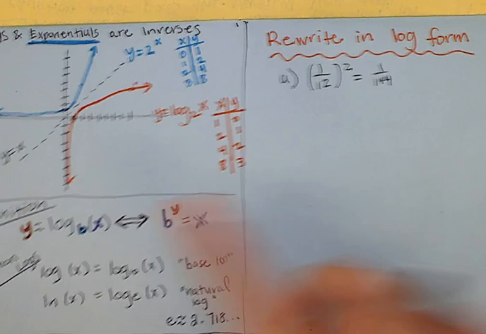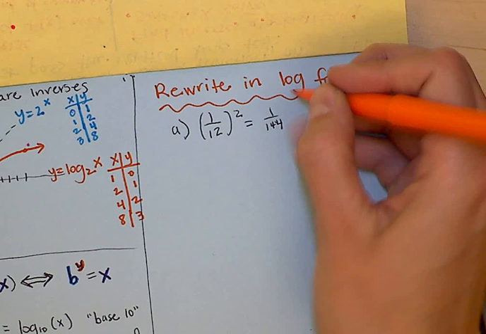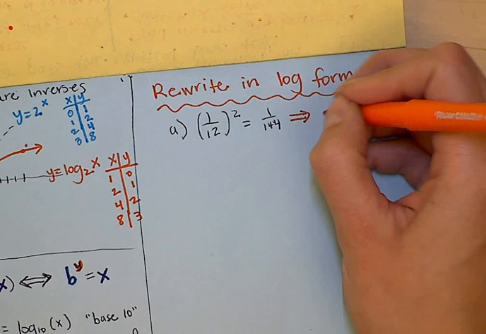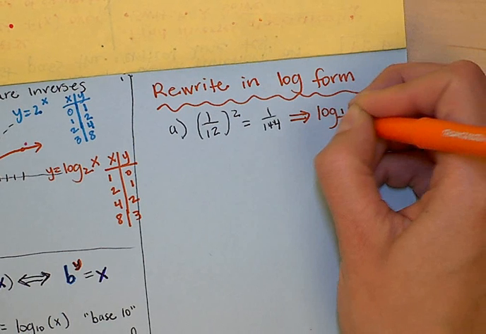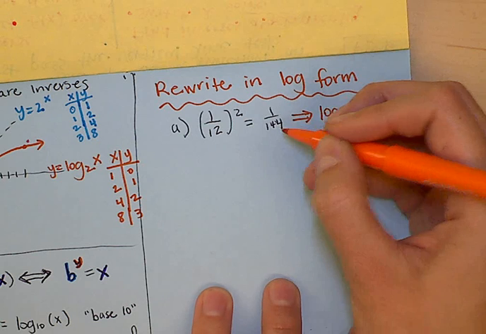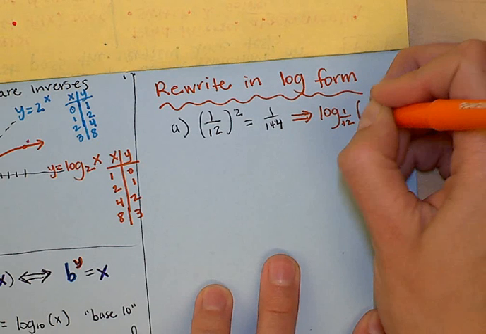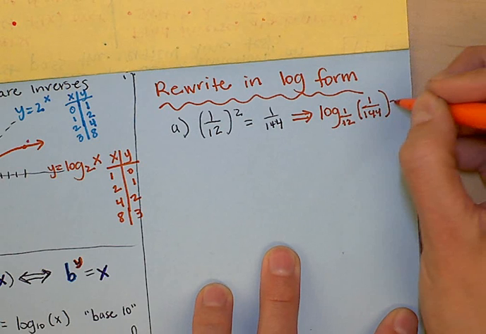Right now it's an exponential. I can rewrite it as a log. This would be log. The base is going to stay the same, so 1/12. The answer becomes the new argument, so log base 1/12 of 1/144 equals 2.